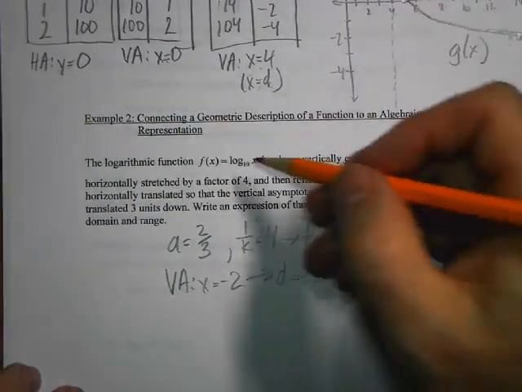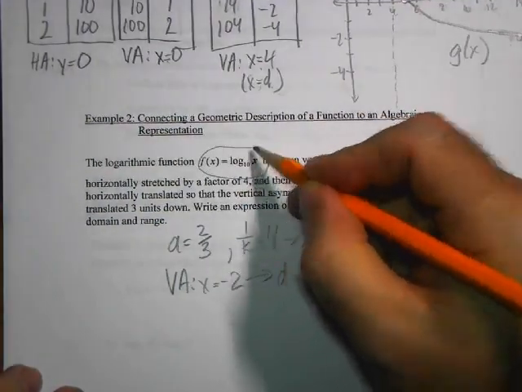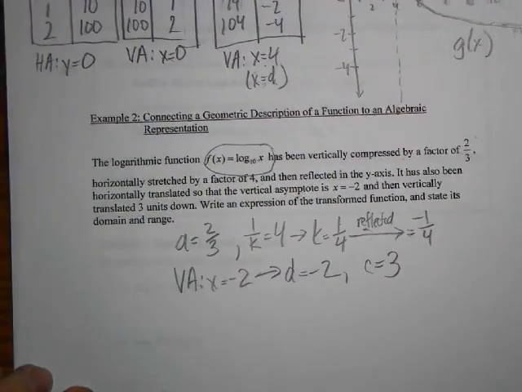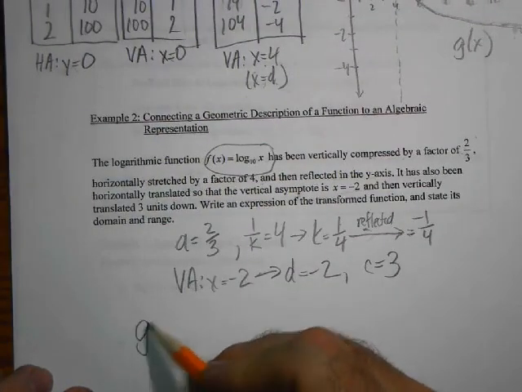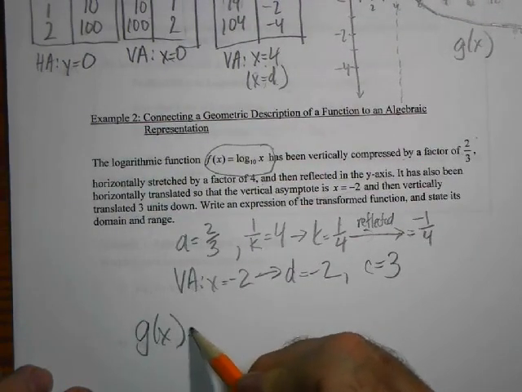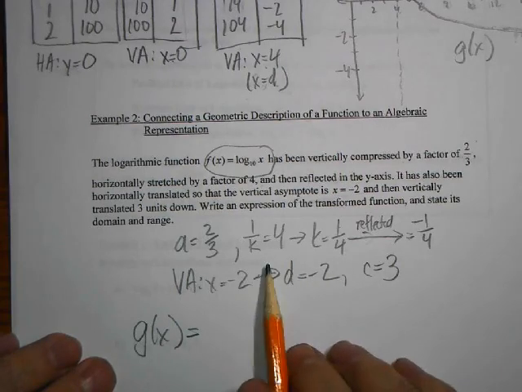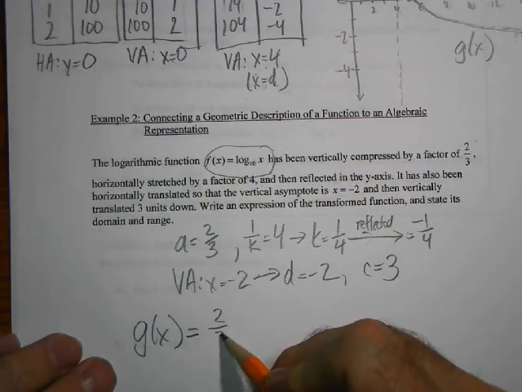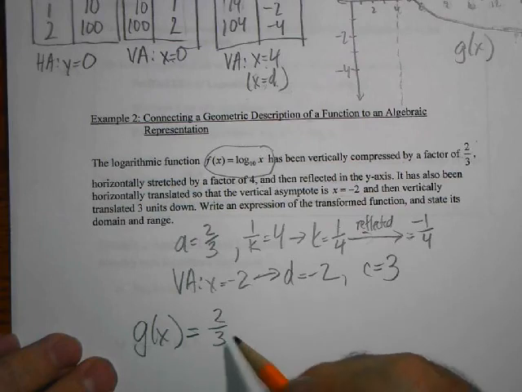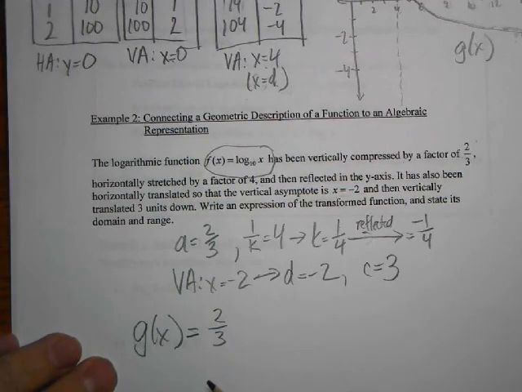We know that there's our base function. So our transform function, I'm going to call g of x. That's going to be a. The value of a was 2/3. And don't change that to a decimal because you'd have to round or chop digits off, and I don't want you to do that.